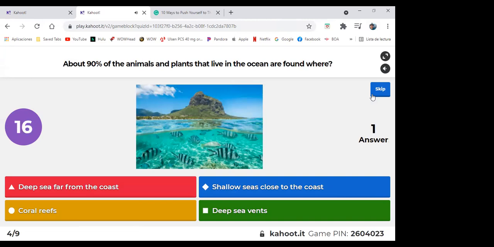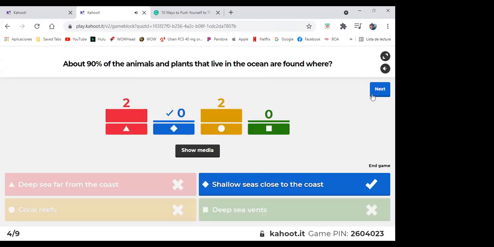Okay. Let's see what you do here. Yes, no one. Shallow seas close to the coast.